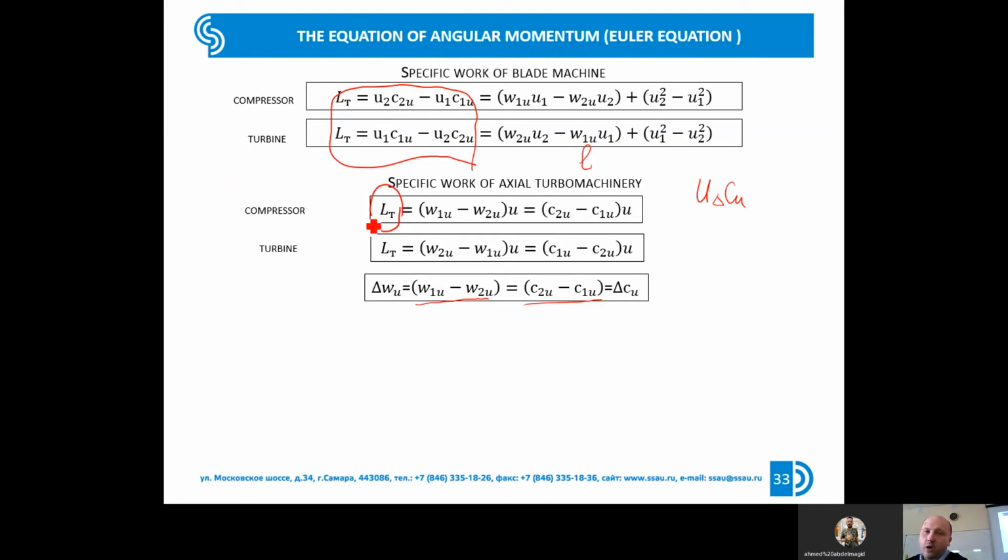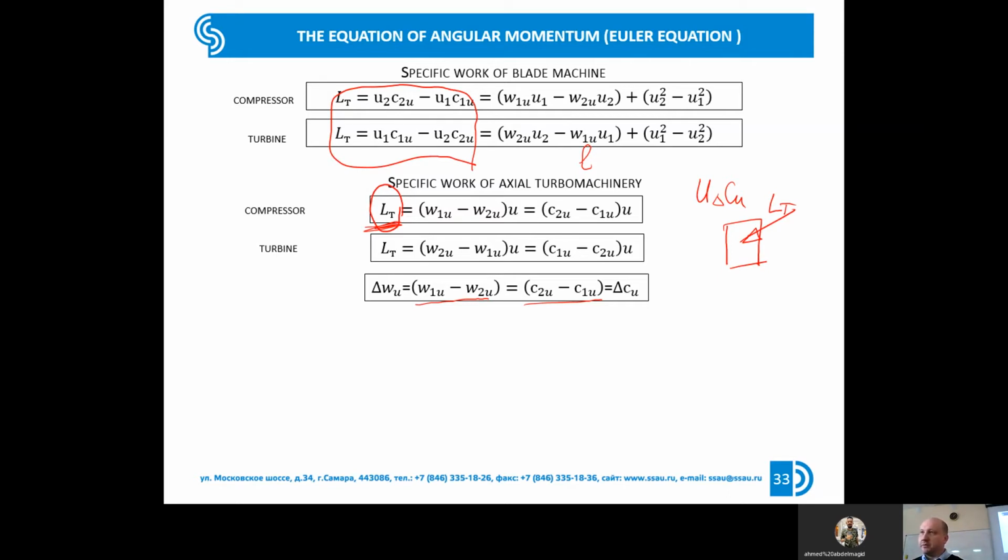For better understanding of this equation, you need to remember that this specific work is the work which is supplied using blades to the flow or extracted using blades from the flow. In other words, you have the blades, and this is the specific work on the blades.